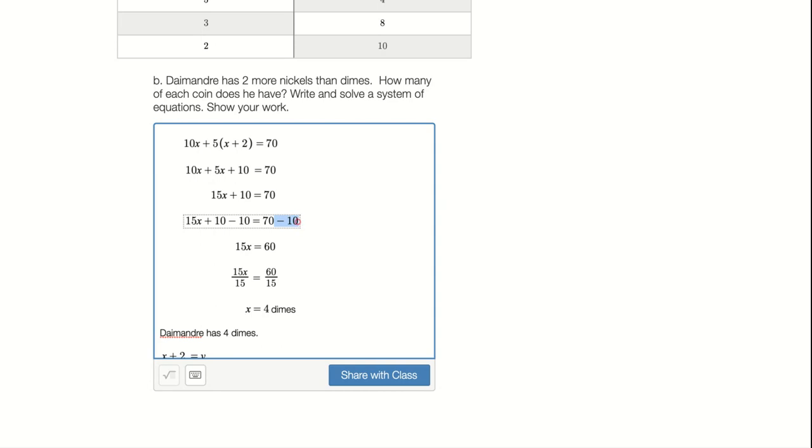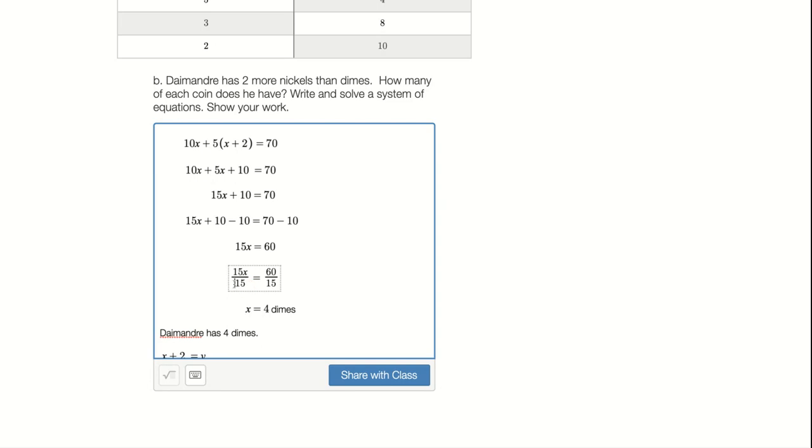Once I subtract 10 from both sides, I'm left with 15x on the left and 60 on the right. Now I need to isolate x. I need to divide both sides by 15. The inverse of multiplying by 15 is dividing by 15.